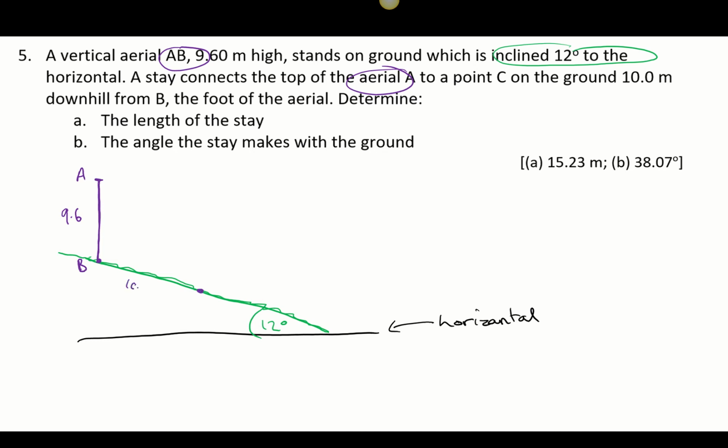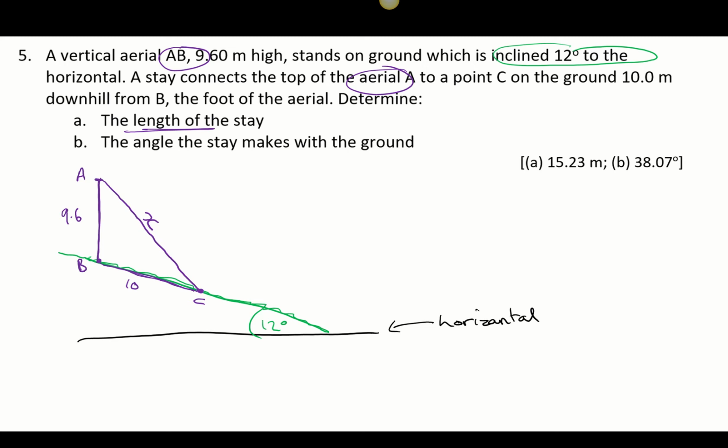So this distance here, B to C, is 10, and there is a stay that connects A all the way down to C. Part A is to determine the length of that, so we'll call this X.